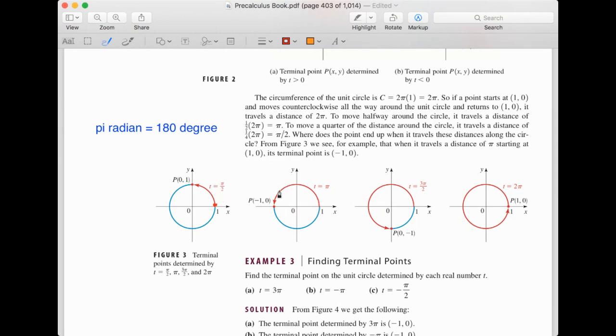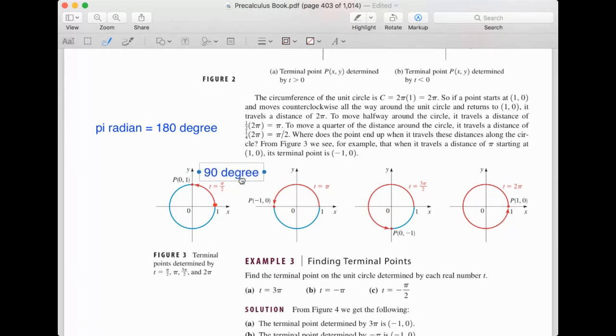If we keep going, t equals pi, the angle equals pi, and that also means 180 degrees. If we keep going more, the third circle, that means 180 plus 90, which is 270. 270 equals 3 pi over 2. That's the degree form. So let's put it over here. So pi over 2 rad equals 90 degrees.